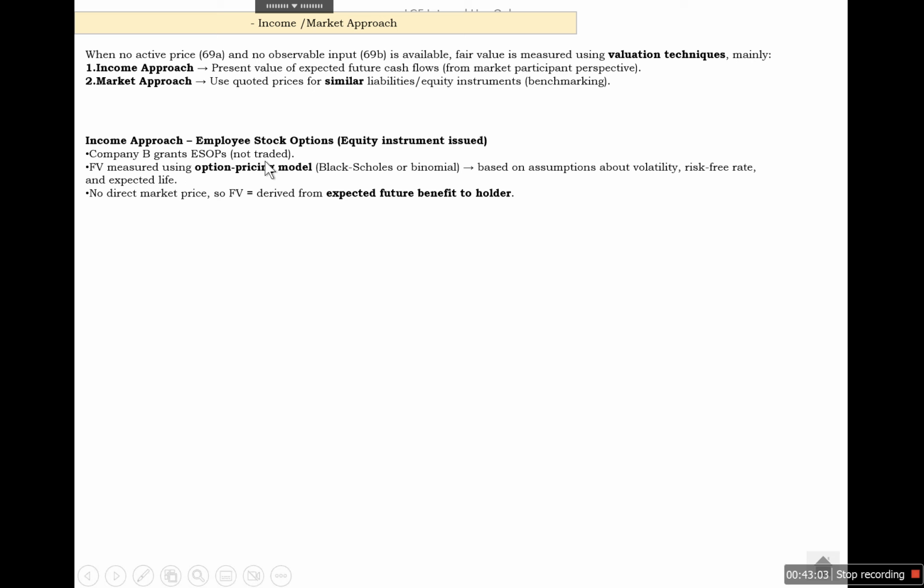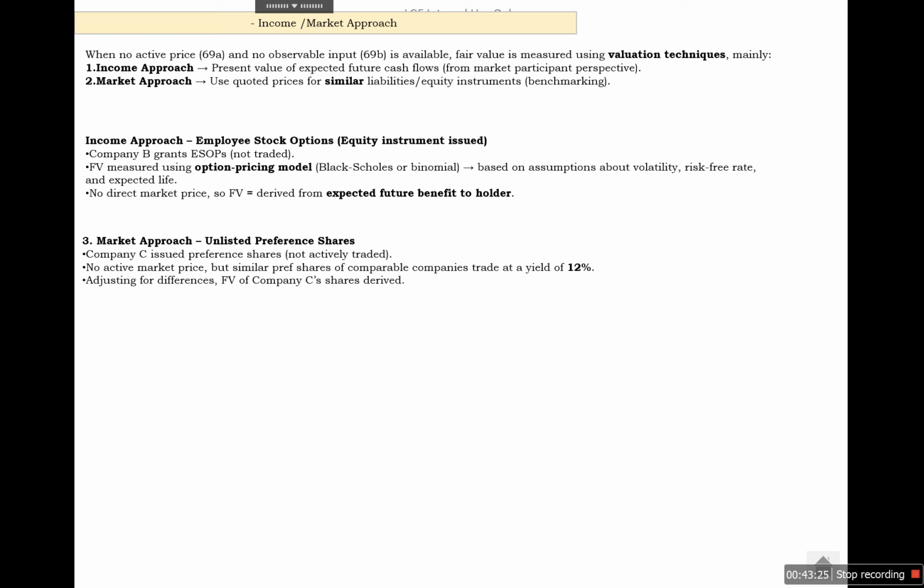Company B grants ESOPs, those are not traded. Fair value is measured using the option pricing model based on assumptions about volatility, risk-free rates, and expected life. So there is no direct market, so fair value will be derived from the expected future benefit to the holders of those ESOPs.